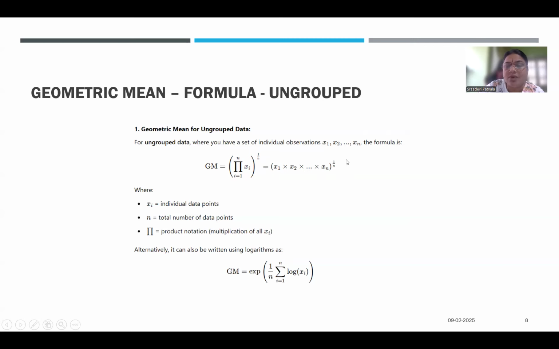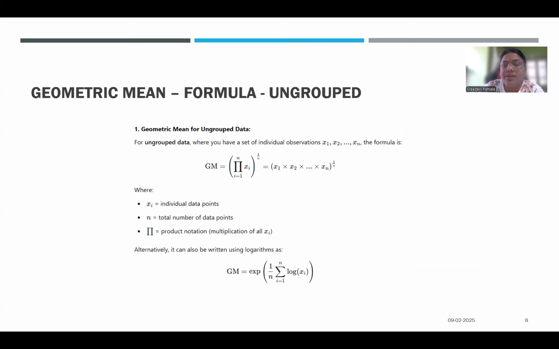You can either use the product of all the numbers for i equal to 1 to n of xi, whole to the power of 1 by n, or you can use a formula like this, where the geometric mean is the exponential of 1 by n summation log xi. So three or four methods you can use.